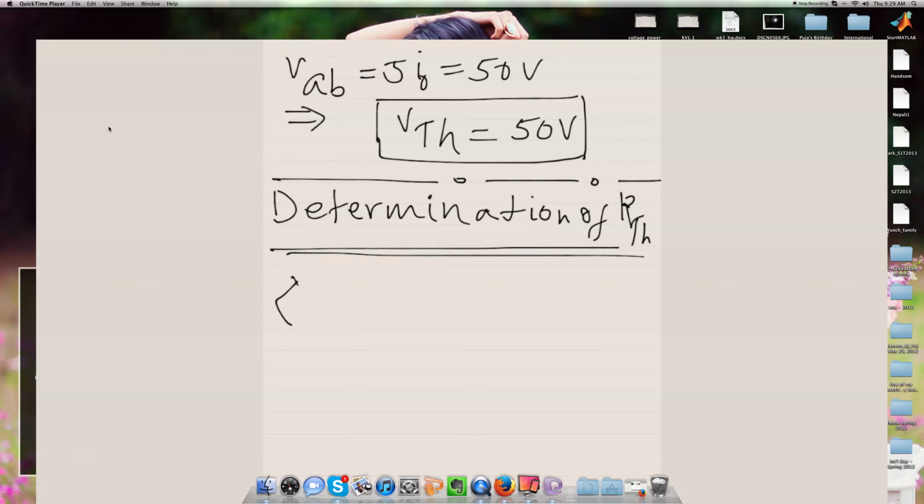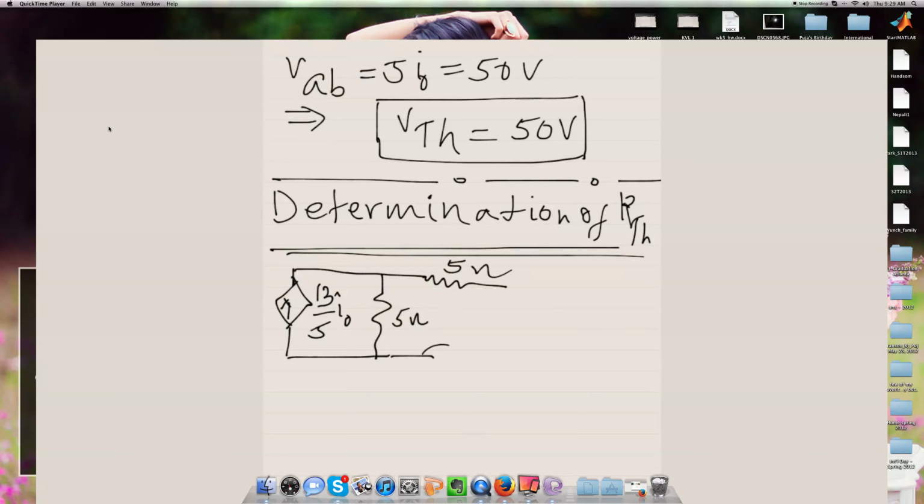Let's redraw this circuit. So we have the current source here, the diamond, in an amount of 13 over 5 I naught. And then we have the 5 ohm resistor here, and then we have the 5 ohm resistor on the top.